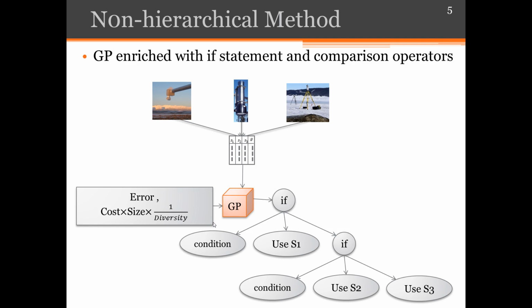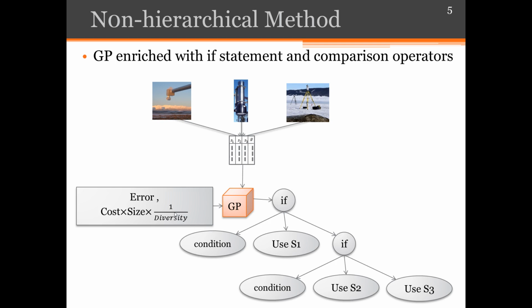To answer these 2 problems, we came up with a non-hierarchical method, which is basically an enriched genetic programming which has if statements and comparison. So it's able to come up with structures that select which sensors have to be pulled based on some conditions, and the genetic programming has to find these conditions.